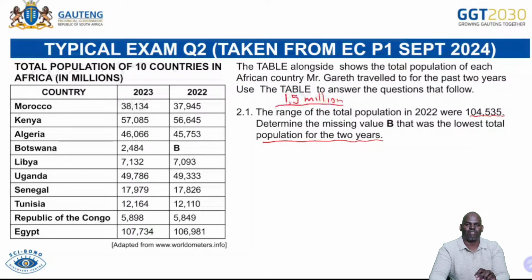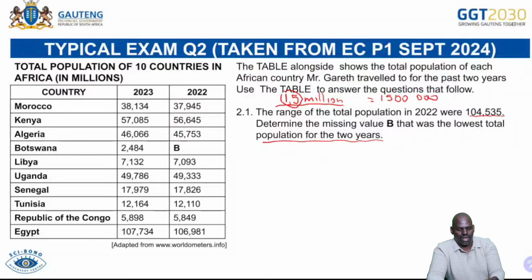So if they say it's in millions, this is 38,134 million. This is 57,085 million. If I want to write it as an ordinary number, 1.5 million is the same as 1,500,000. How do I get 1,500,000? You just take 1.5 and multiply by 1 million.